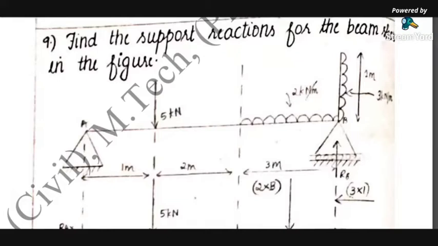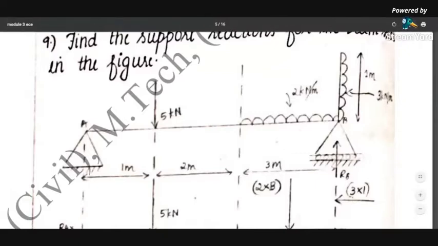The rate of load distribution of the lower UDL is 2 kilonewton per meter, and as far as the vertical UDL is concerned, it is 3 kilonewton per meter. The distances are 1 meter, 2 meters, 3 meters, and again 1 meter.